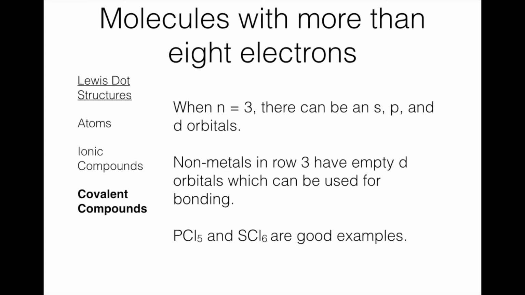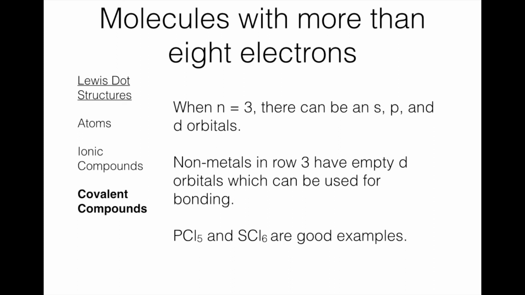If we look at just the row 3 ones, but this also applies to anything in row 4 and down. If you take a nonmetal in row 3, such as sulfur, all of those valence electrons are in the 3s and 3p orbitals. But there are 3d orbitals in that atom, but at the time being, they're not being used for anything. But those empty orbitals are there, and those are available for bonding.